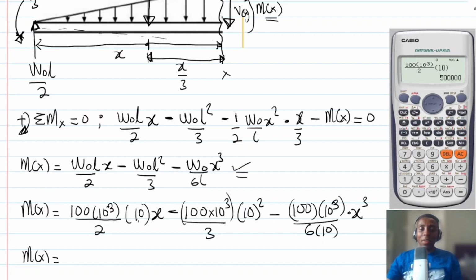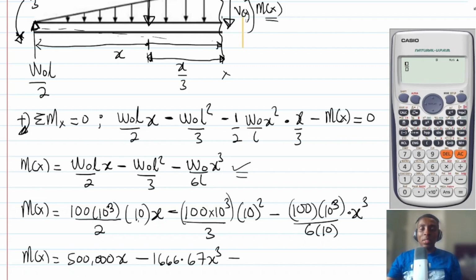So that is 500,000 x, minus, let's do the x cubed. We have 100 times 10 to the power 3 divided by 6 multiplied by 10, which is 1666.667 x cubed.